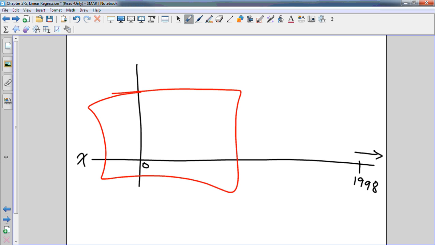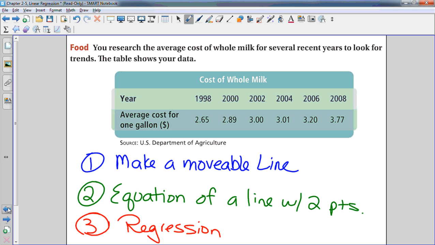Change your value. Change your X value. Okay? So what I'm going to do is I'm going to look here and I'm going to say, okay, 1998. I'm going to make up my own year 0. I'm going to pick something that's similar. I'm going to make 1990 year 0. So year 1 would be 1991, right?